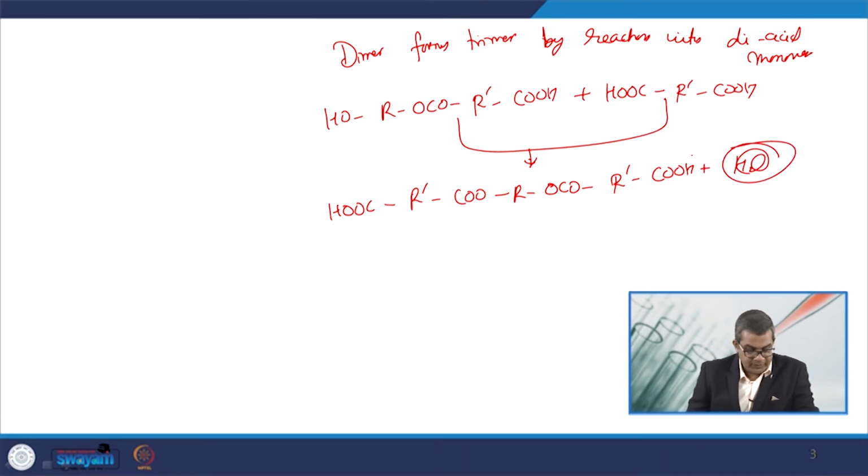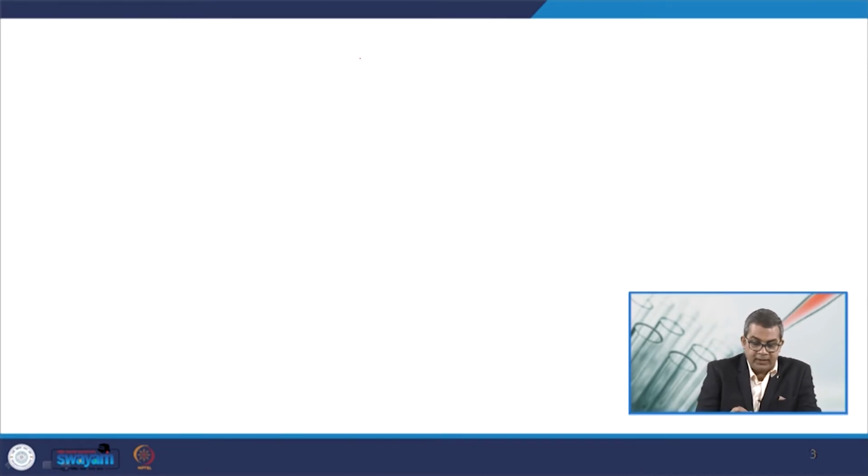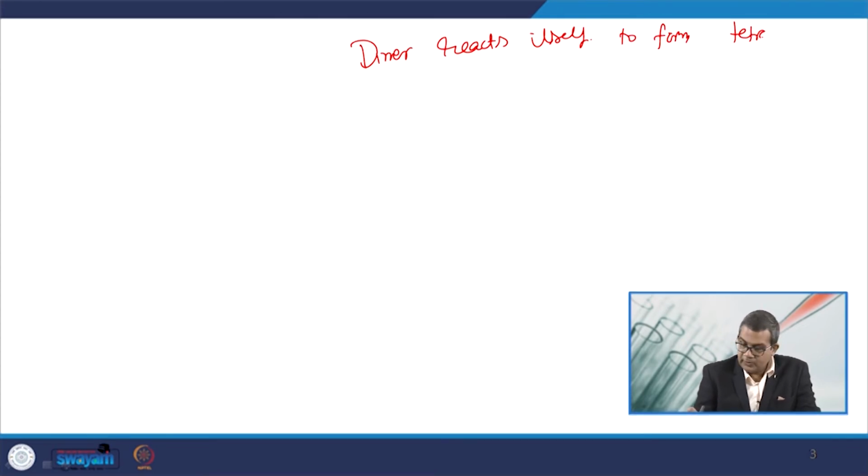Now this is again my condensation product, and sometimes this dimer reacts with itself to form a tetramer. Now this is HO-R-OCO-R'-COOH.